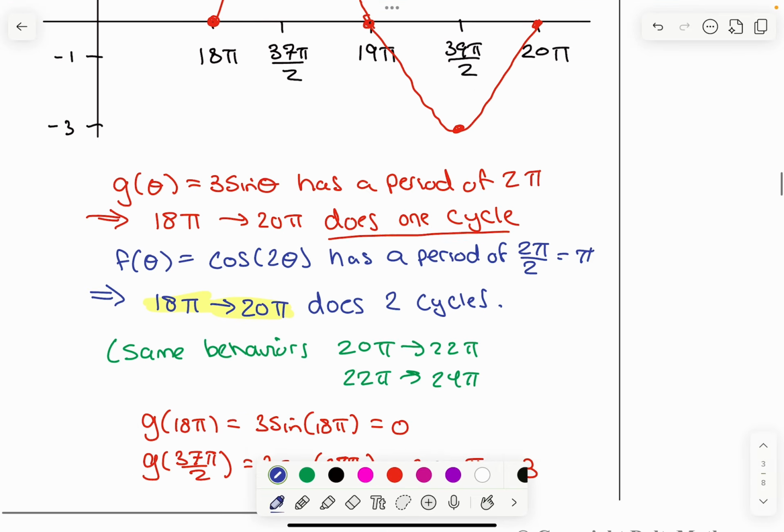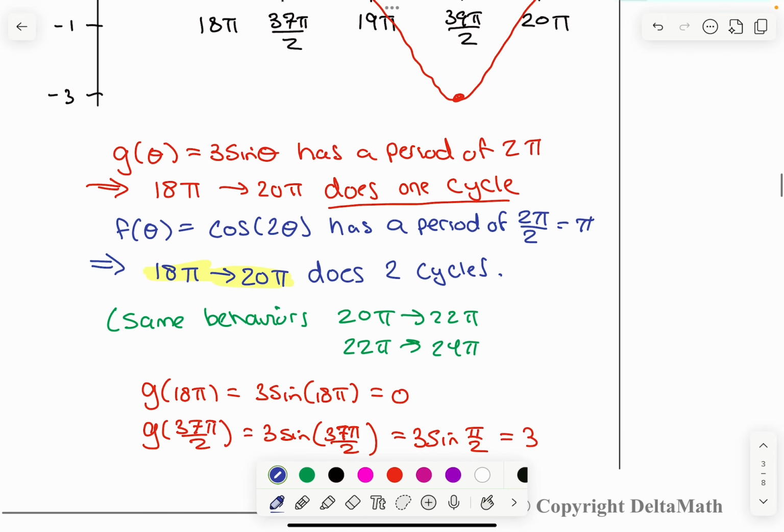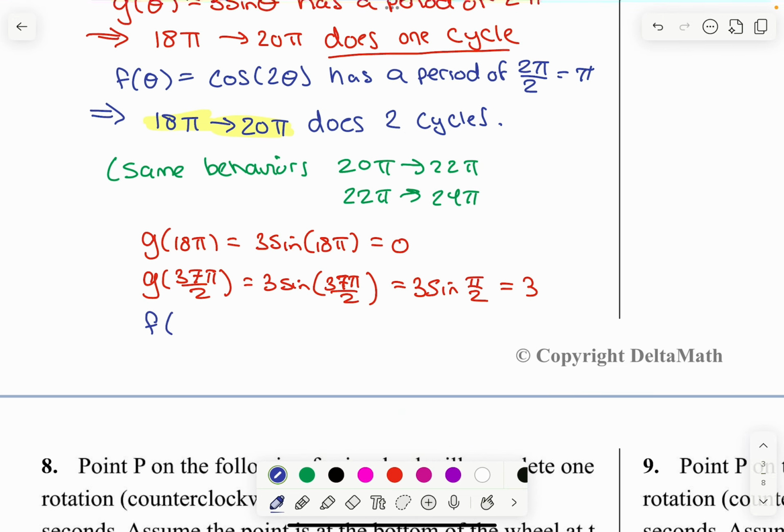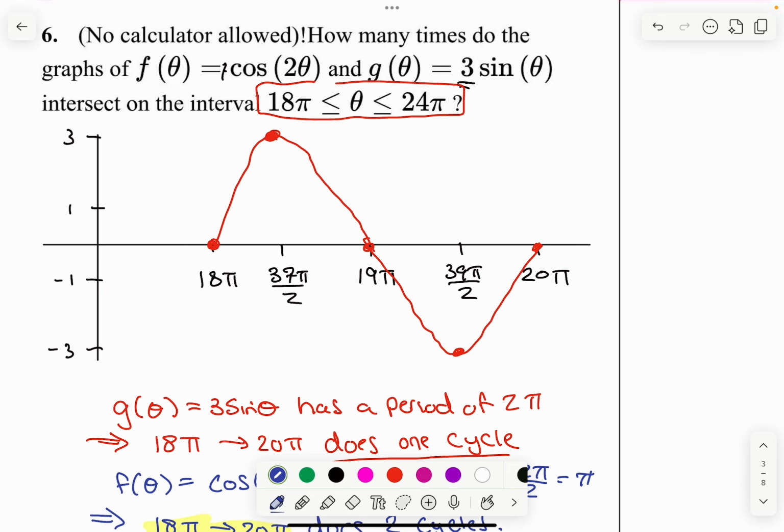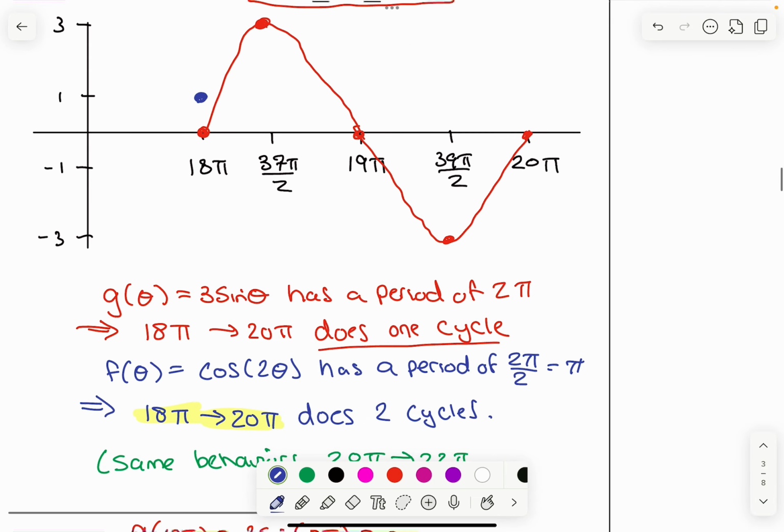Now this cosine graph is going to do 2 cycles on that interval. So let's plug in 18 pi again. That would be cosine of 2 times 18 pi, which is cosine of 36 pi, which is 1. So at 18 pi, I get that. Now it's got to do 2 cycles by the time it goes from 18 pi to 20 pi.